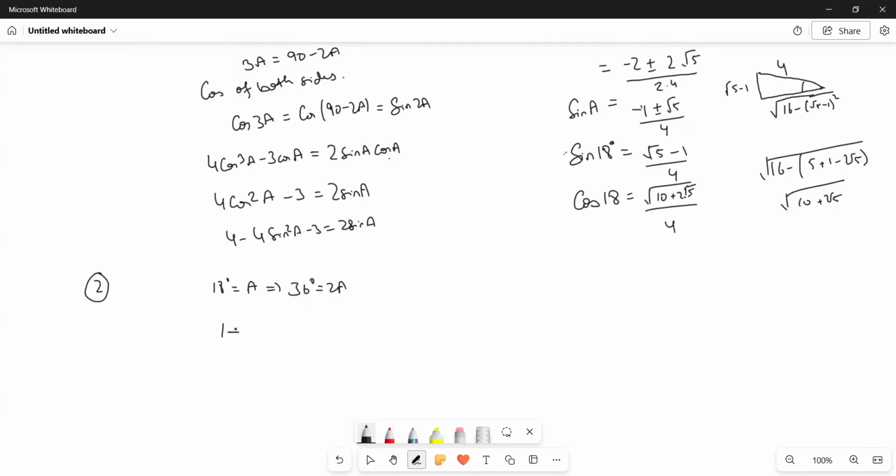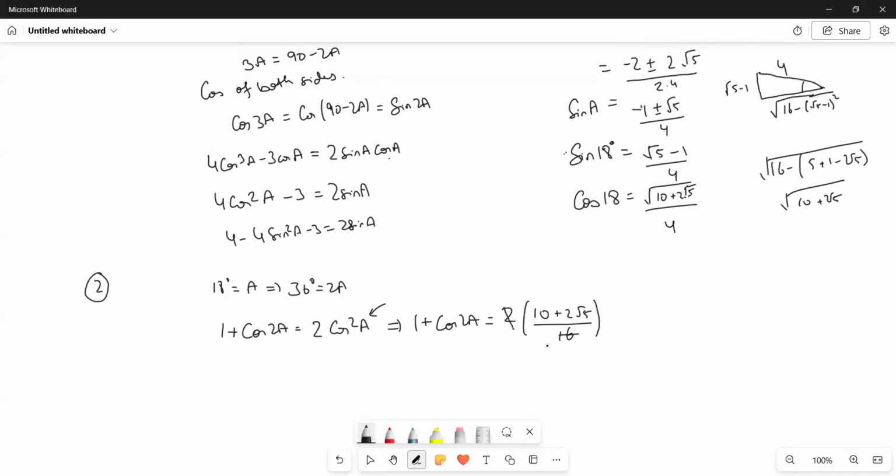And then we know from the formulas 1 plus cos 2A is 2 cos square A. And cos 18, we have found out. So we just plug in the value of cos 18 over here. So this will give us 1 plus cos 2A is twice of 10 plus 2 root 5 divided by 16.